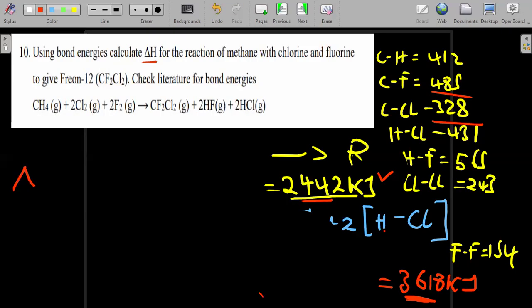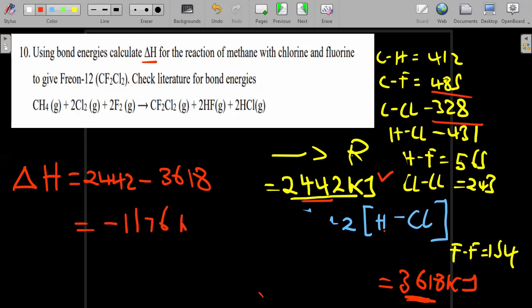All right, so change in H is equal to the total bond energy of the reactants, which we found to be 2,442, minus the total bond energy of the products, which we found to be 3,618. So when you subtract here, I'm going to get minus 1176 kilojoules. Okay, so the change in H will just be minus 1176 kilojoules.